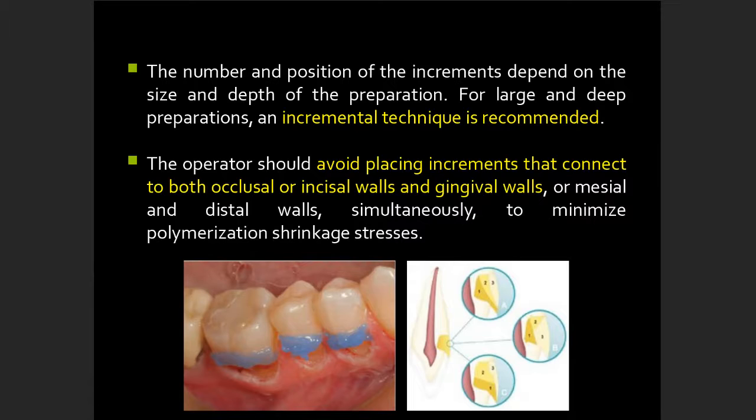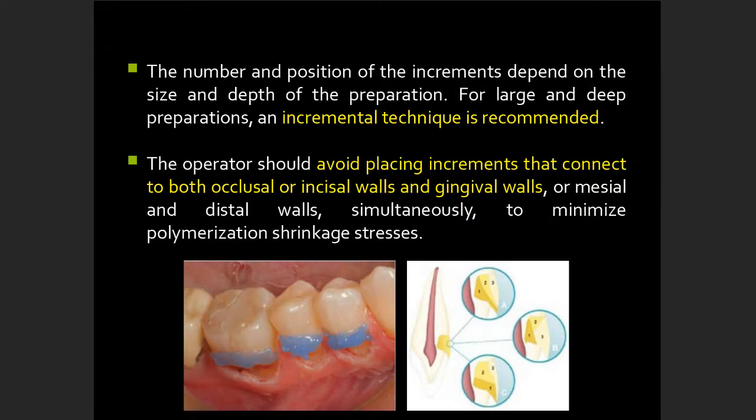We don't put a big composite increment that joins the occlusal and the gingival, or the mesial and distal walls. Why? To reduce the stress from the shrinkage.